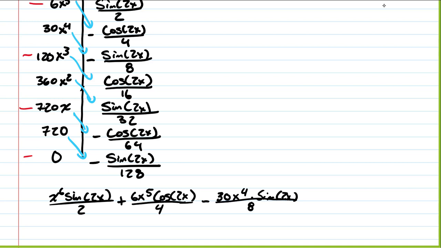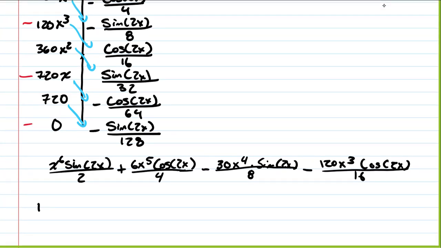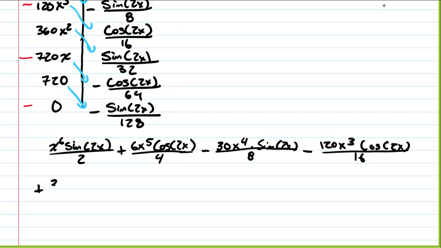And then we get to our next one, a minus times a plus gives us another minus, so minus 120x cubed cosine 2x all over 16. Next, plus 360x squared sine 2x over 32.